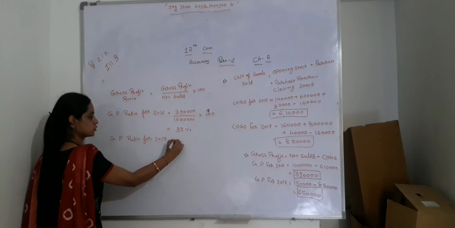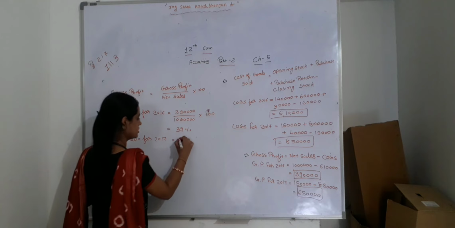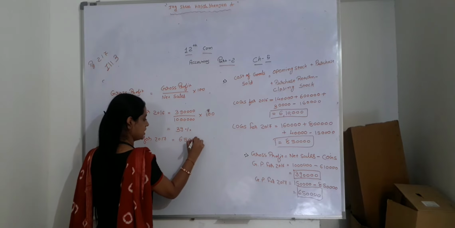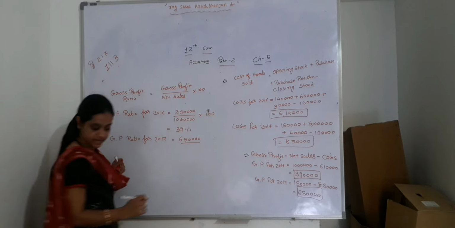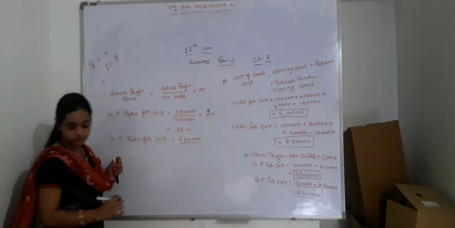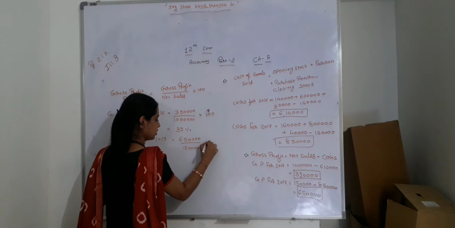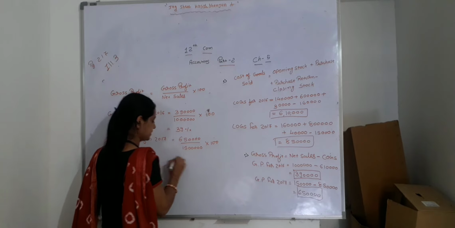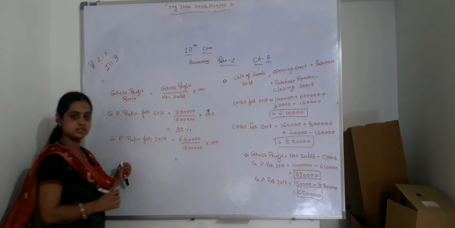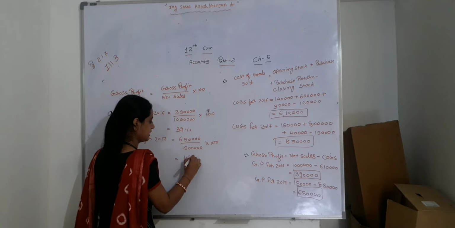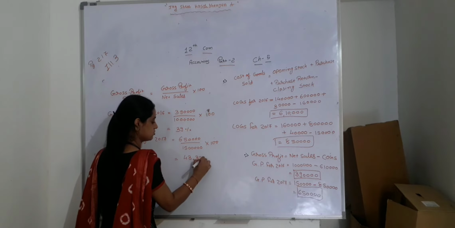Same gross profit ratio for 2017 is equal to our gross profit is 6,50,000 and our net sale was 15 lakh, into 100. That means our answer is 43.33%.